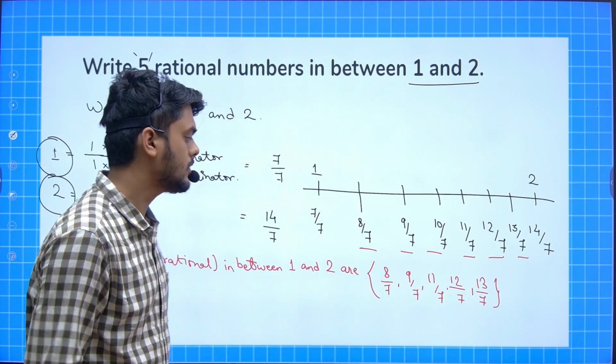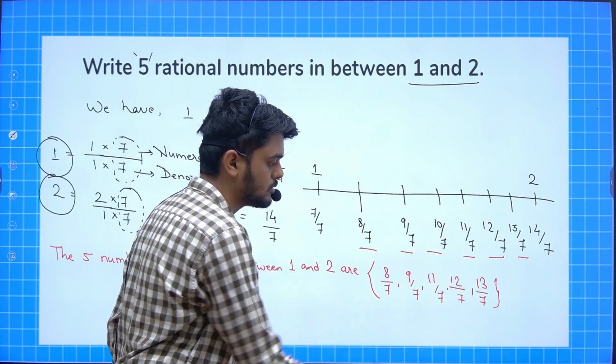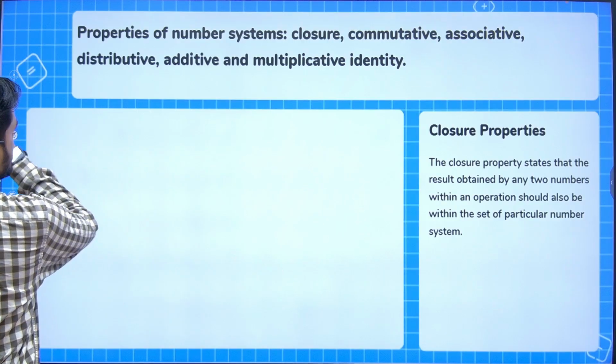You could also have included 10 by 7 instead of any of these quantities. The resultant will have no effect.